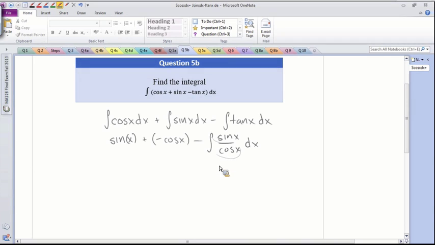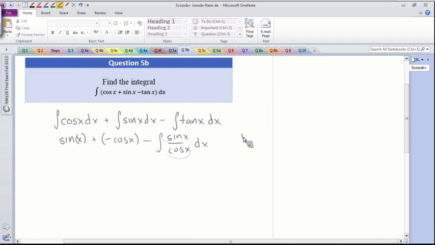So I'll set u equal to cosine x, then du is equal to negative sine x dx. I don't want negative sine x dx, I just want sine x dx, so I'll divide both sides by negative 1. In that case, we'll have negative du is equal to sine x dx.